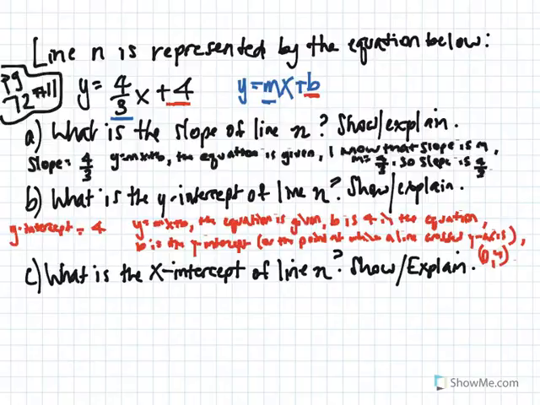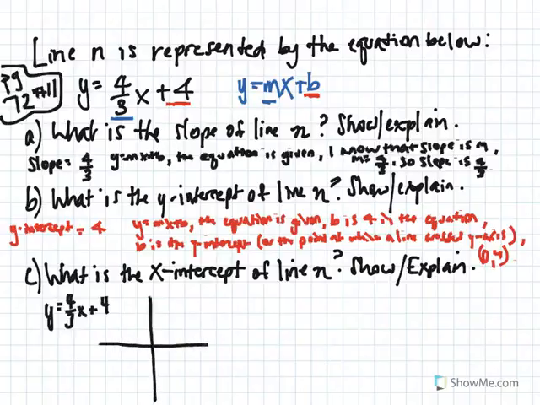What is the x-intercept of line n? Show or explain. In the equation y equals 4/3 x plus 4, the y-intercept is when x equals 0, then the x-intercept is when y equals 0. The x-intercept is when the line crosses the x-axis. Let's pretend this little mini graph is our line.